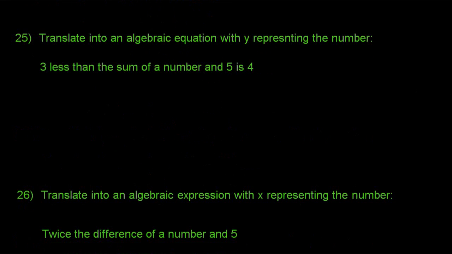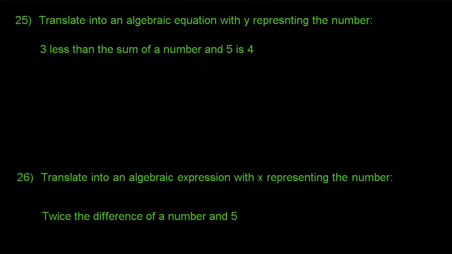Problem number 25 reads as follows: translate into an algebraic equation, so we're expecting an equal sign to appear, with y representing the number. And it reads 3 less than.